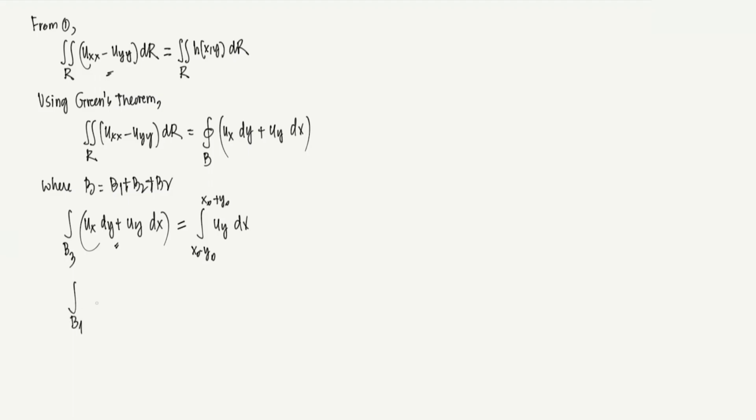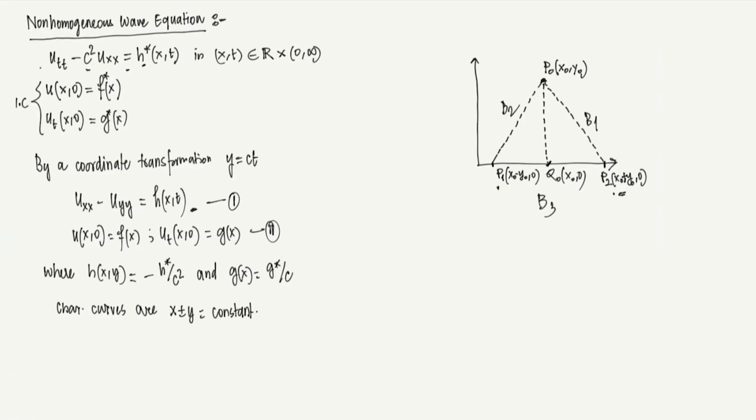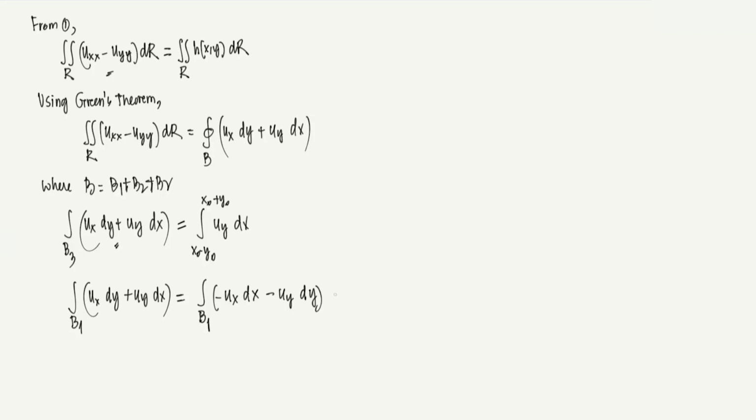What happens to B1? Let's say ux dy plus uy dx. I hope you know how to calculate the line integrals, right? We are going to use that for a while. Integral over B1 of minus ux dx minus uy dy. We are just writing it down because we parameterize B1, and based on that, this is what you get.